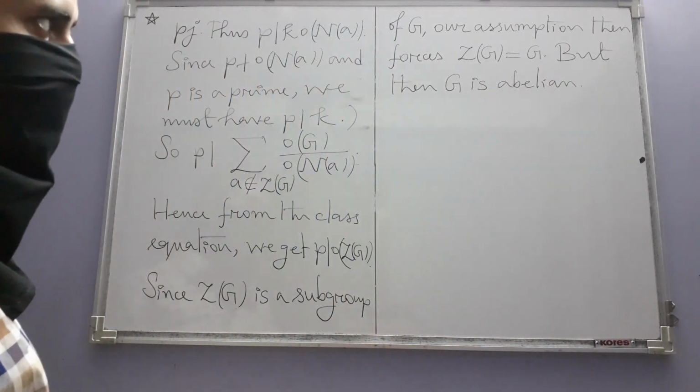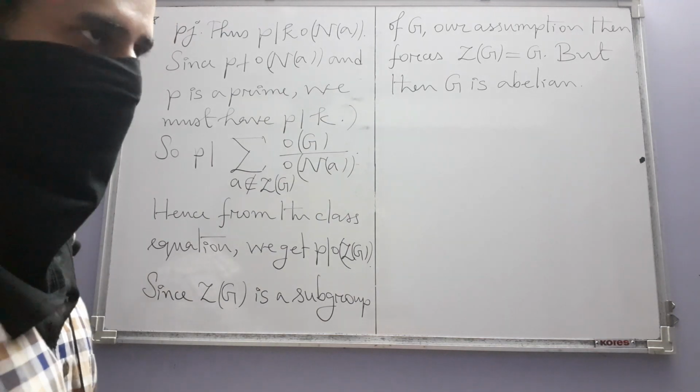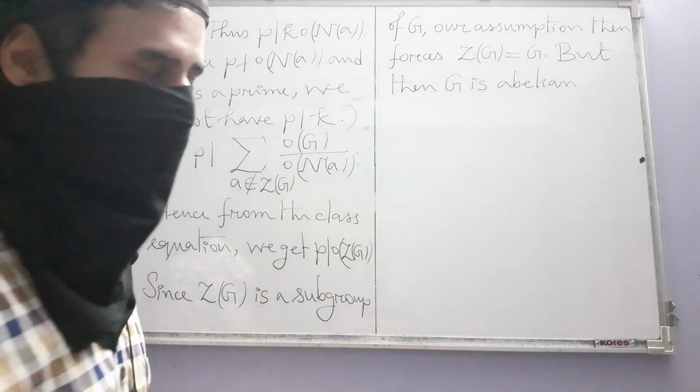So we have come back to the case where G is an abelian group, and for abelian groups we have already proved Cauchy's theorem.